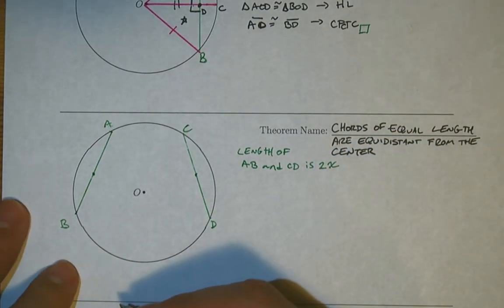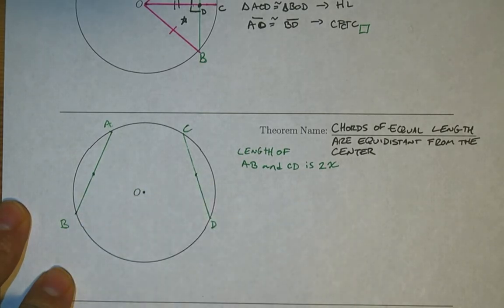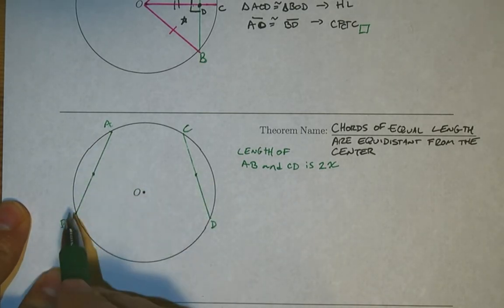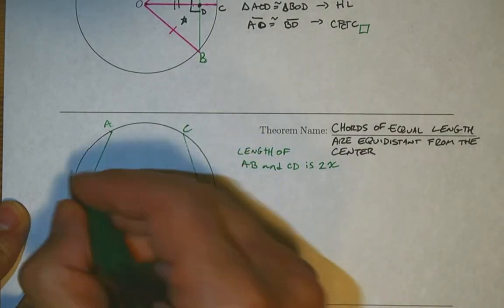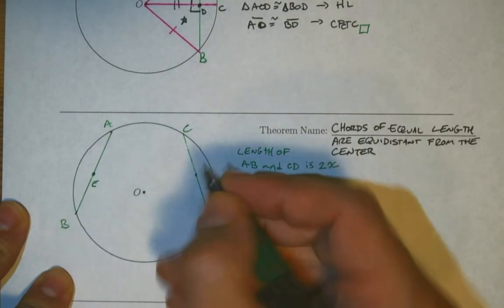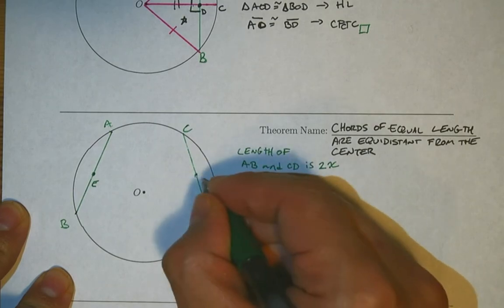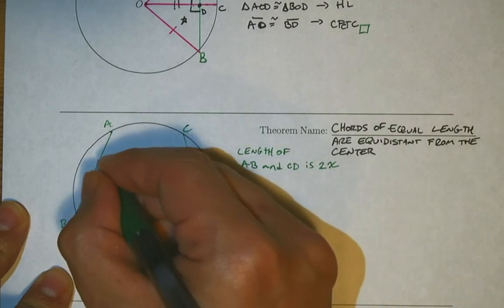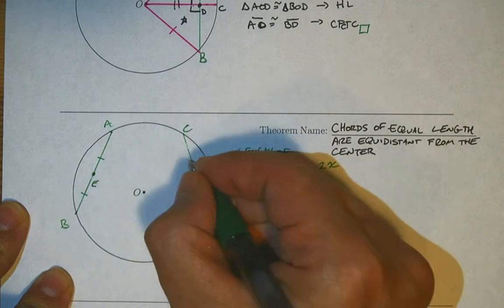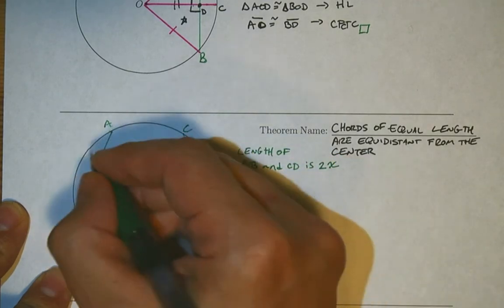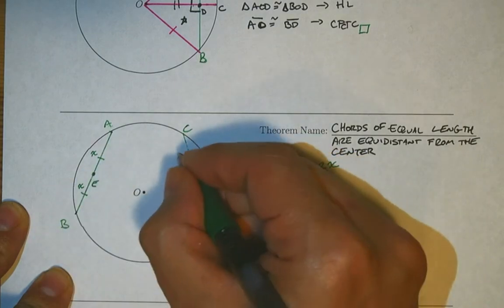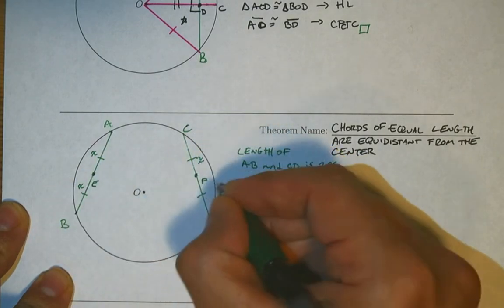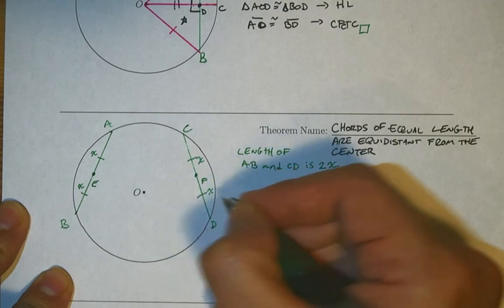Then what I'm going to do is I'm going to find the midpoint of each segment. The midpoint of each chord is here. We'll call that point E. And here is point F. Those are midpoints of those two chords. So x and x, x and x.